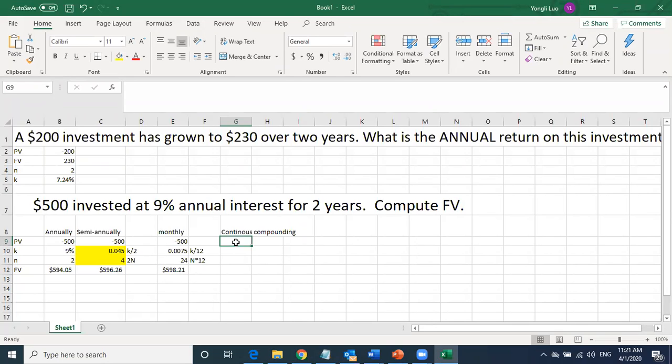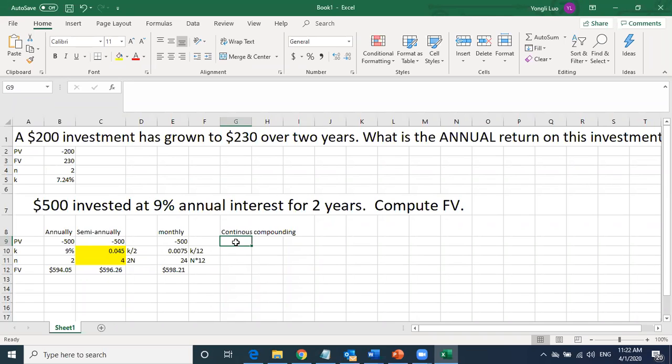So continuous compounding is that the frequency keeps increasing. So they compound at every moment. So it's even more than 365. It keeps continuously compounding at every moment.